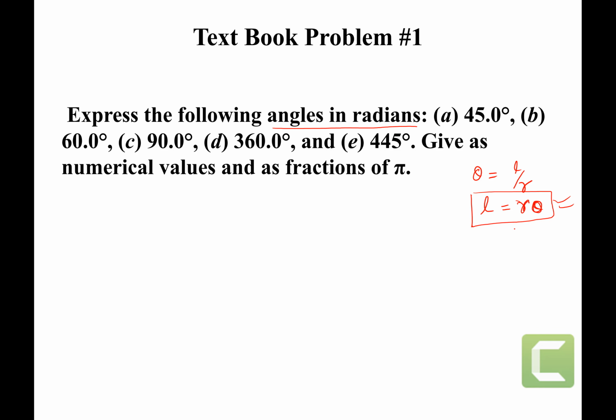So here L represents the complete circle. If I complete the entire circle, the L can be 2 pi r, right? And 2 pi r is the complete perimeter.